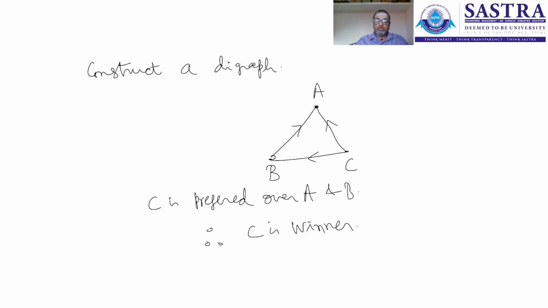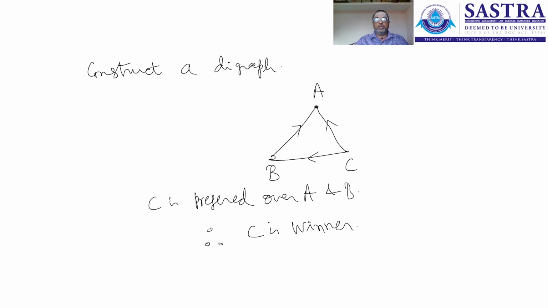But now, how do you construct the digraph? B is preferred over A, therefore I draw an edge from B to A, directed towards A. When I take A and C, C is preferred over A, so from C I have an edge towards A. And when I compare B and C, C is preferred over B, and therefore I have an edge from C to B. Now if you look at this, vertex A has two incoming edges.